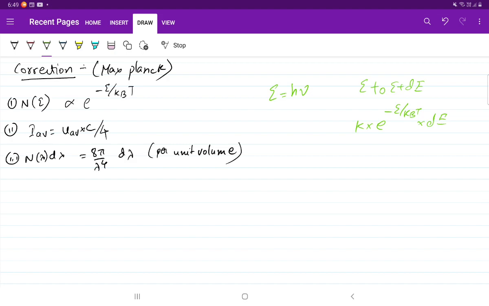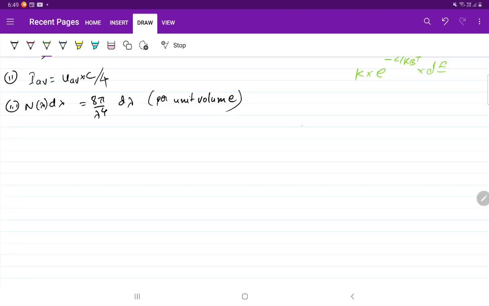For the second point, if you ever come across electromagnetic radiations, you might have come across that the EM wave stores energy in the form of electric and magnetic fields, right? So the energy density is given as half epsilon naught E square, and intensity is just multiplication with c.